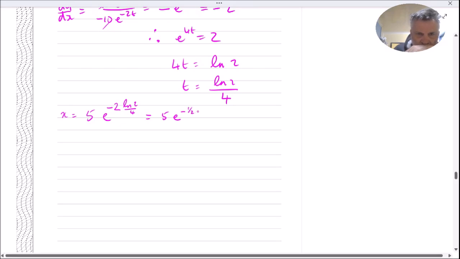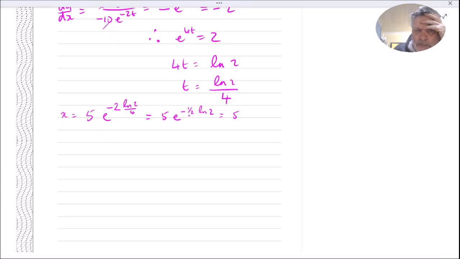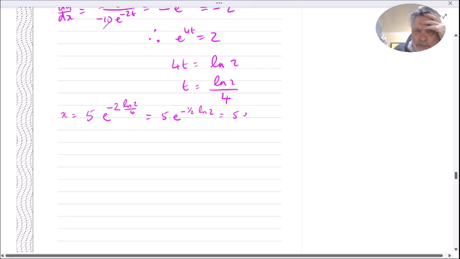Minus a half logarithm of 2. A number out the front of a logarithm makes it a power, so 5e to the logarithm 2 to the minus half. E and logarithm cancel, so this is just 5 times, minus means it's on the bottom, half means it's a square root.